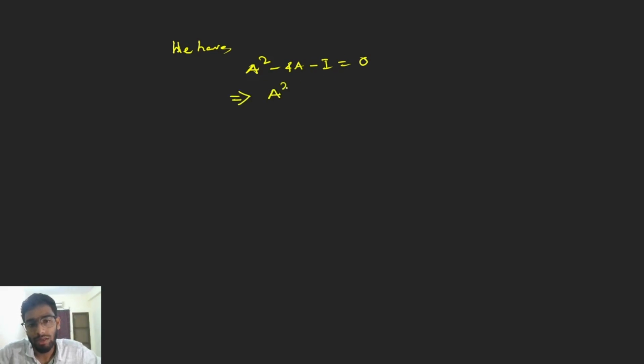That means A square is a null matrix plus 4A plus I. If you add a null matrix to any matrix, you get the same matrix, like adding 0. So A square is nothing but 4A plus I.